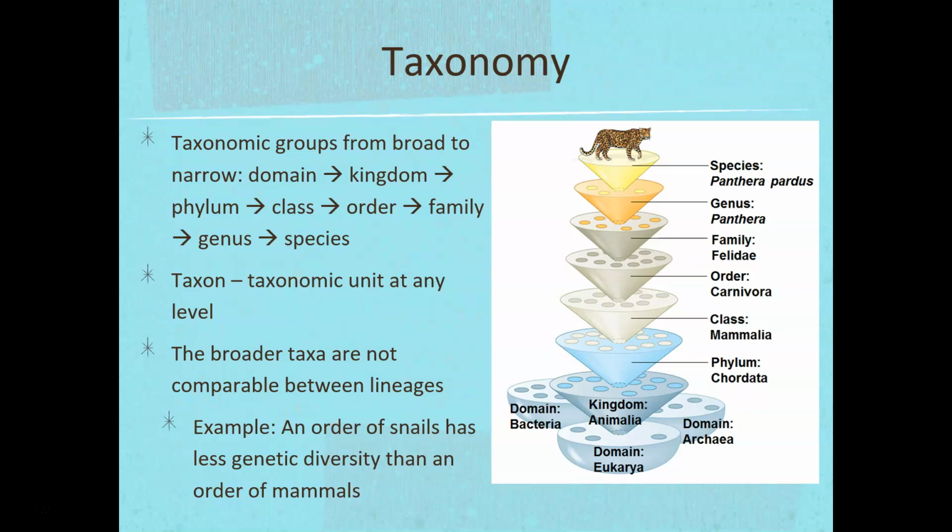So basically what I'm getting at is something like this example here, where an order of snails has less genetic diversity than the order of mammals. So if I'm comparing between the same orders, or I should say the same taxon, so the same level, in this case the order, one order of a set of organisms doesn't necessarily relate to another.